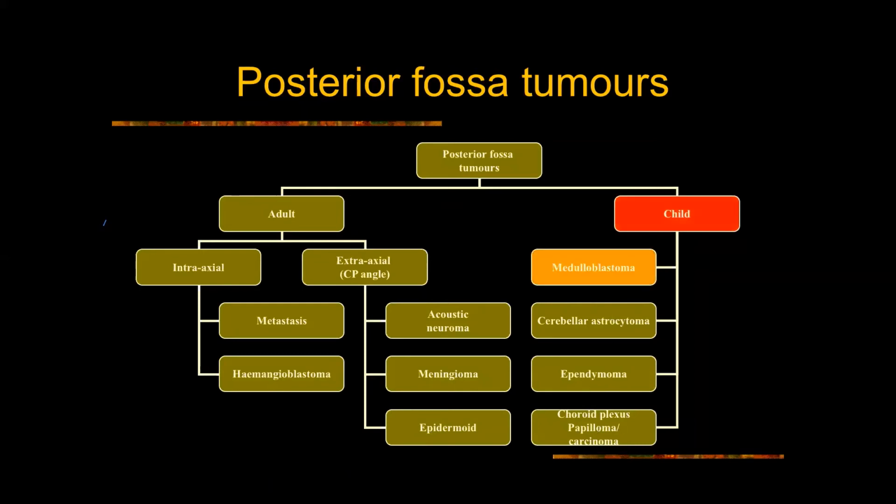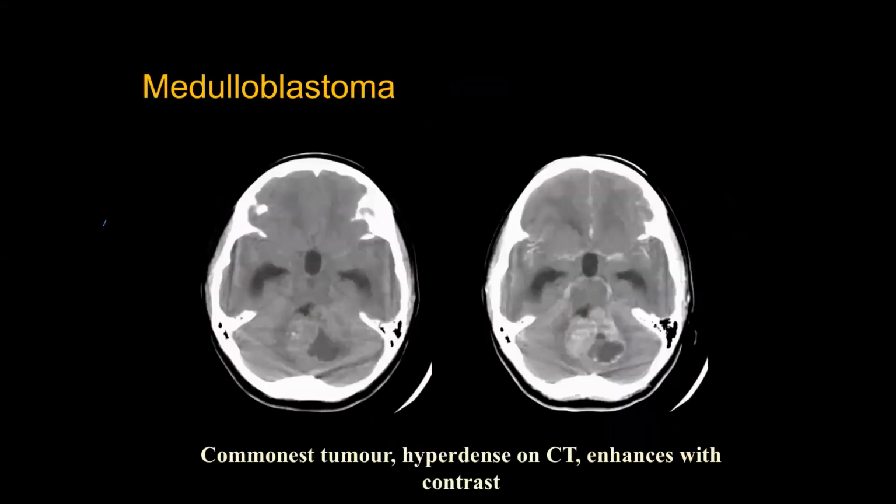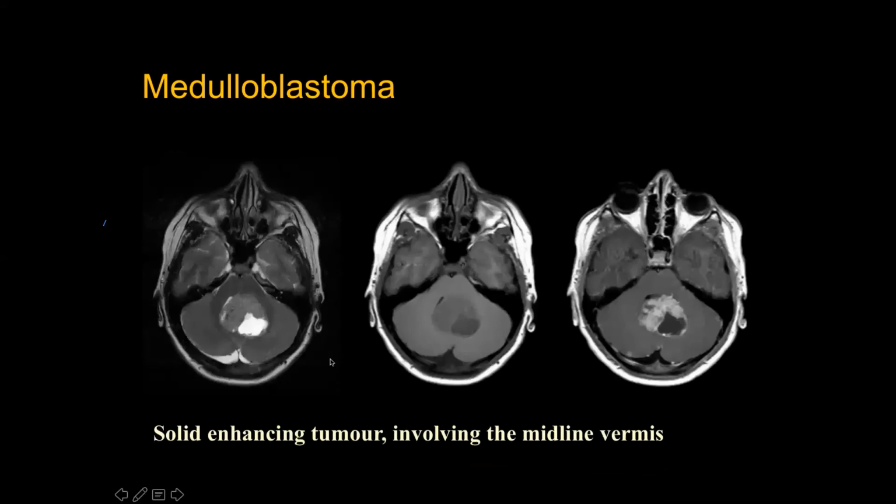In a child, medulloblastoma tends to be in the midline, a solid lesion, may have some cysts, lying behind the fourth ventricle, and it enhances with contrast. On MR, it is dark, very solid with some cystic component, and enhances with contrast.